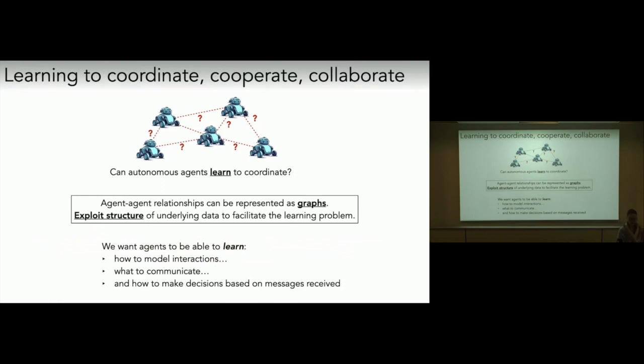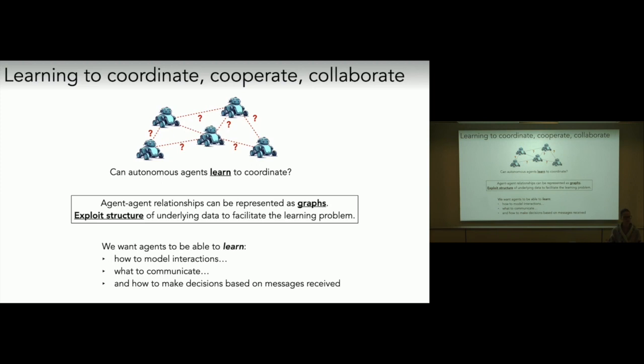So let's talk a little bit about how we think about learning to coordinate, cooperate, and collaborate. So the key question here is, can autonomous agents learn to work with each other? Okay? And so the key idea here is that we're going to be representing the agent-to-agent interactions as graphs.